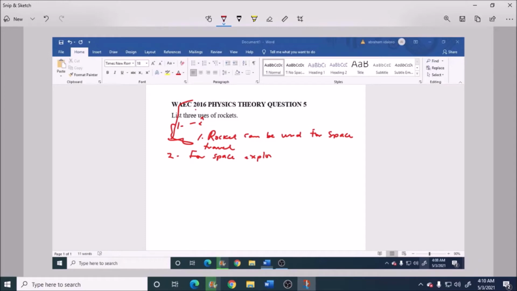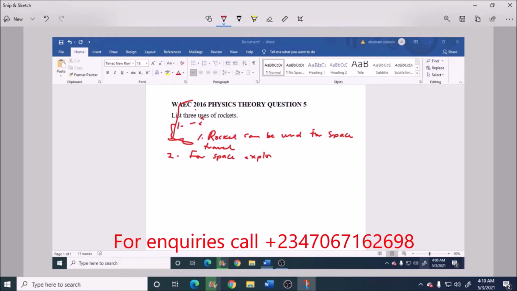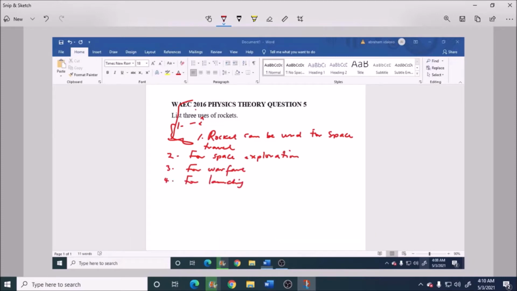Number four, rocket can be used for launching of artificial satellite into orbit. And then number five, rocket can be used for entertainment, e.g. fireworks.